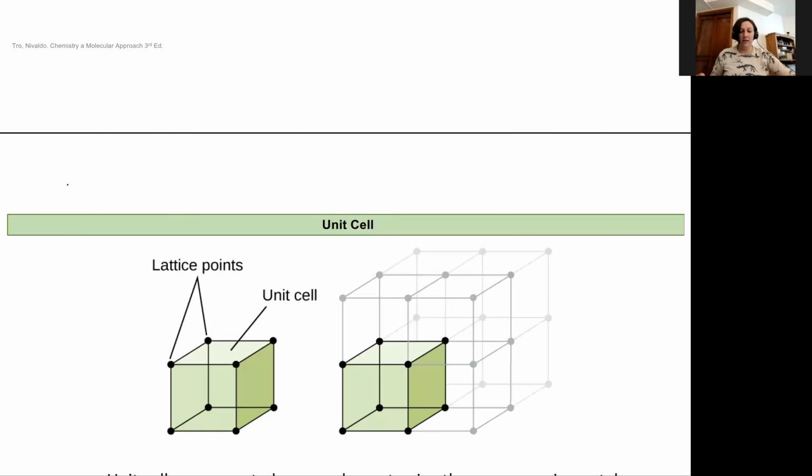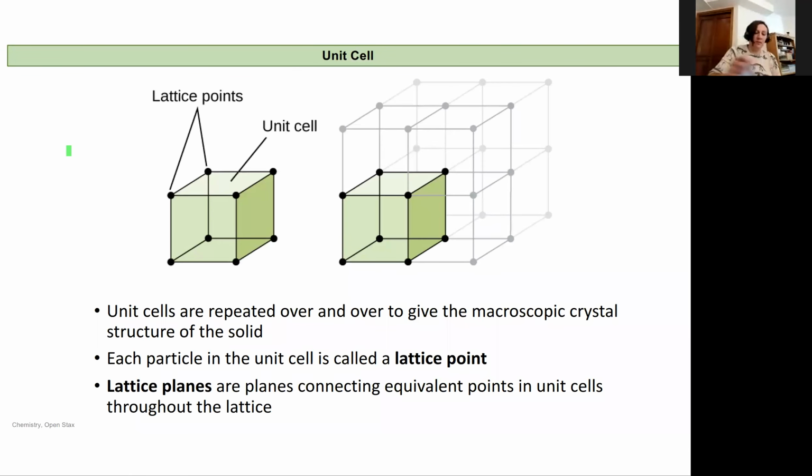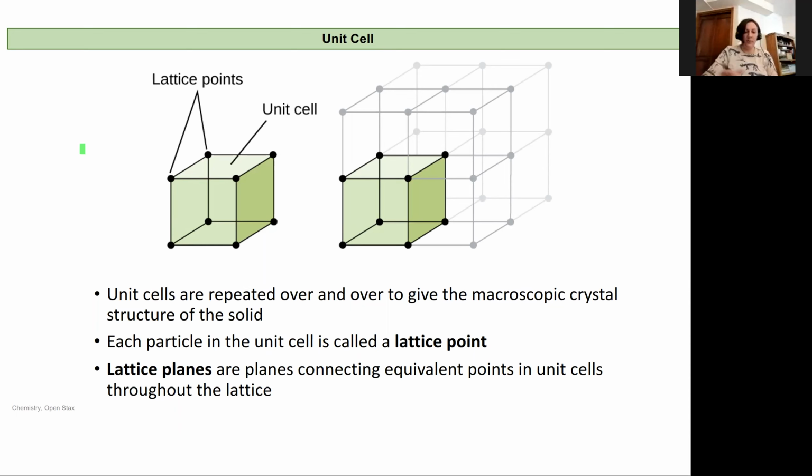Here's an image to help us with this. What I have here is a crystal lattice, and we're representing the atom centers with these little black dots. What the atom is actually doing in this structure, though, is taking up more space than that. An atom might actually be this whole green circle here, and the center of it is the black dot. We're also going to call those lattice points.